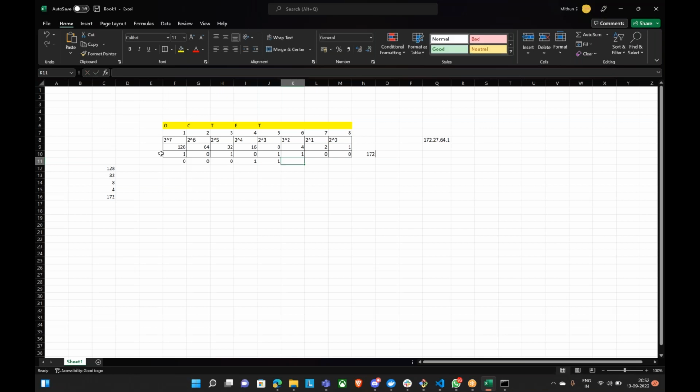So I'm going to write 1. Then 16 plus 8 is 24, so I need 3 more. So I will not take this. So this will be 0, then 1 and 1, because 2 and 1. So 16 plus 8 plus 2 plus 1 will be 27. Clear now?